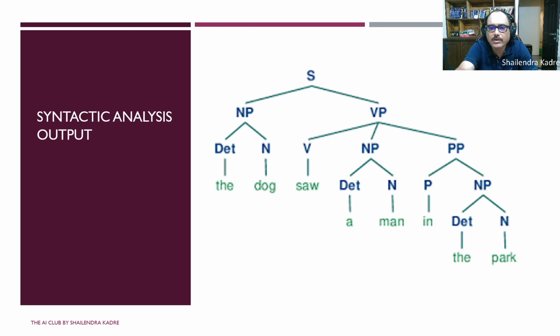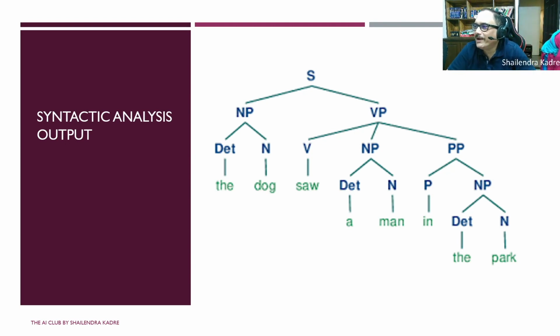N is a noun, DET is a determiner, V is verb, and P is preposition. So the dog: the is a determiner, dog is N meaning noun, saw is V meaning verb, a is a determiner, man is a N, in is a preposition, then the is a determiner, and park is again a noun. So I divided it, and this kind of tree is seen.